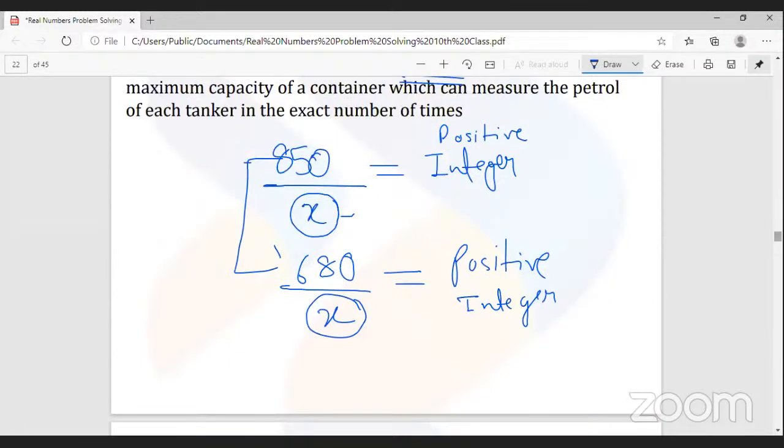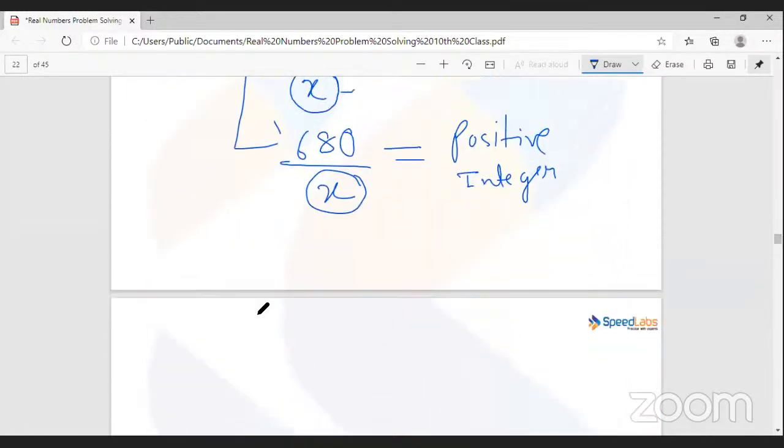Okay. So what is the HCF of 850 and 680? Who will tell me? Ma'am, is it 10? Is it 10? Okay, so let's calculate it and then we'll get to know. Ma'am, I guess it's 170. Okay. So who will tell me the prime factorization of 850?